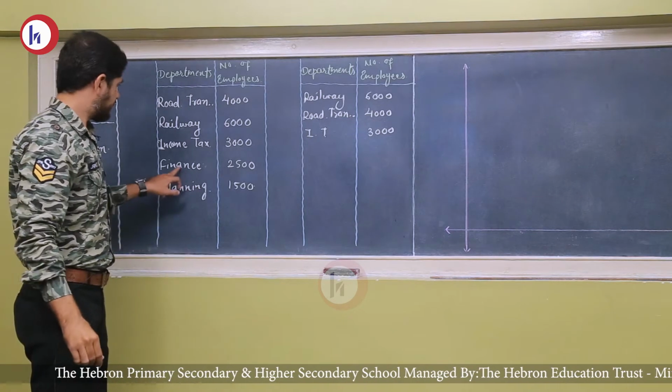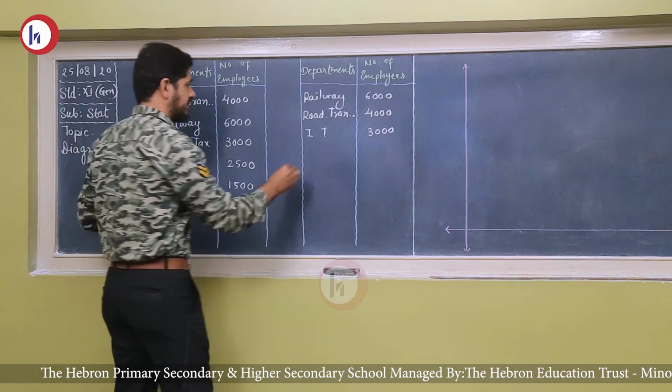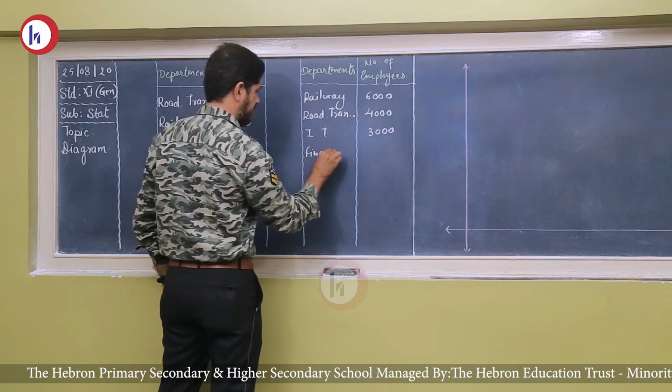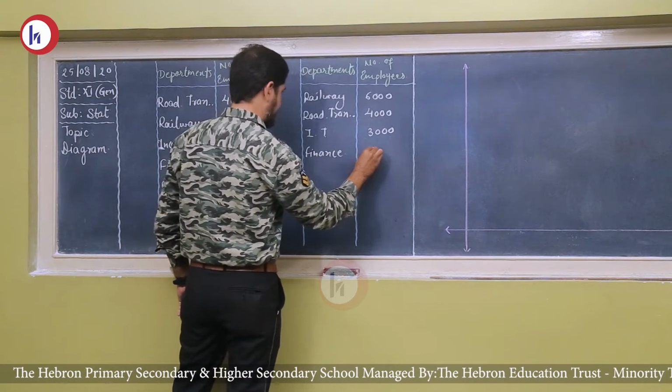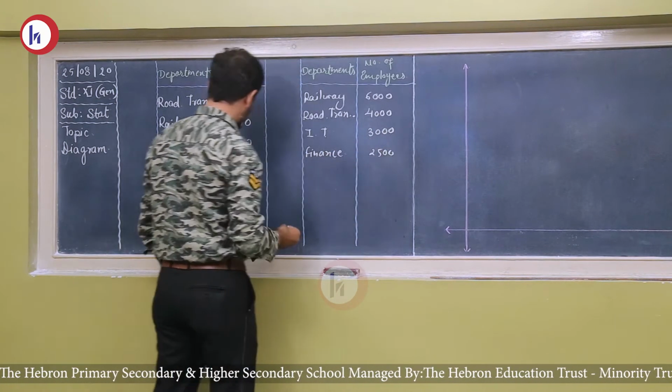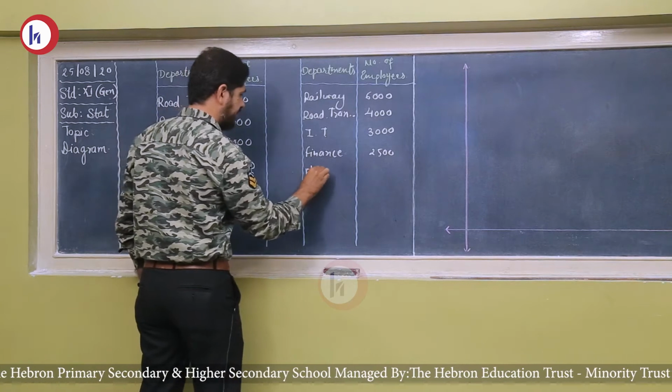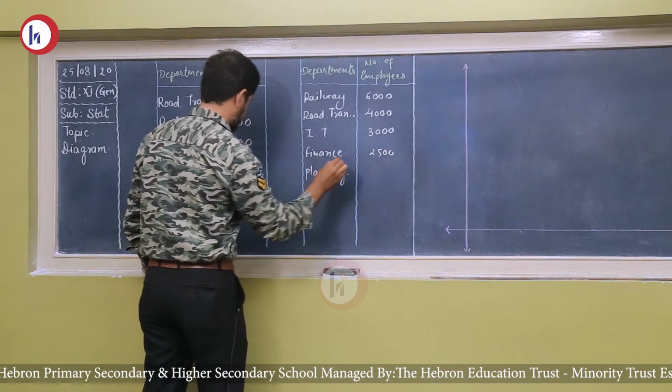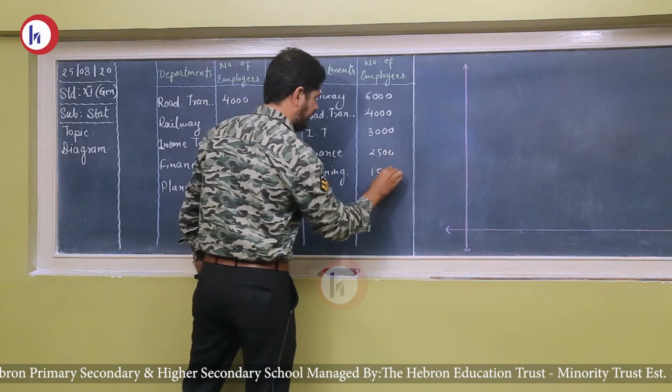Number 4, that is finance, 2,500, and finally planning, that is 1,500.